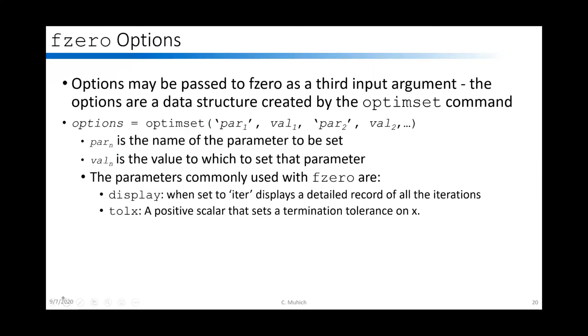We can also pass different options to fzero. This may be if the function is going to take some values that are going to be put into the function, or something that's going to be told to fzero, like how to display behavior.